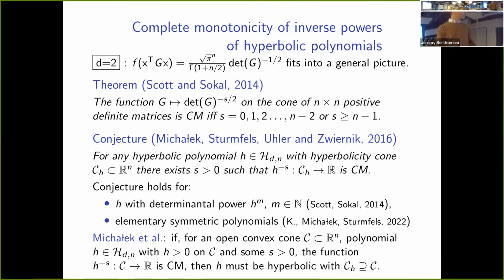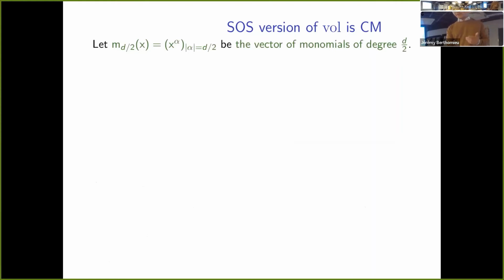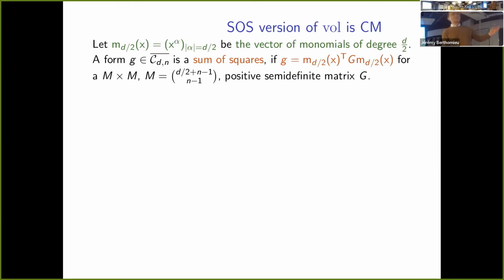Okay. So good. Now I just want to go back to our volume function and explain the SOS version of this. You can imagine already what's going to happen. I'm going to take the classical representation for sums of squares given by the Gram matrix representation.